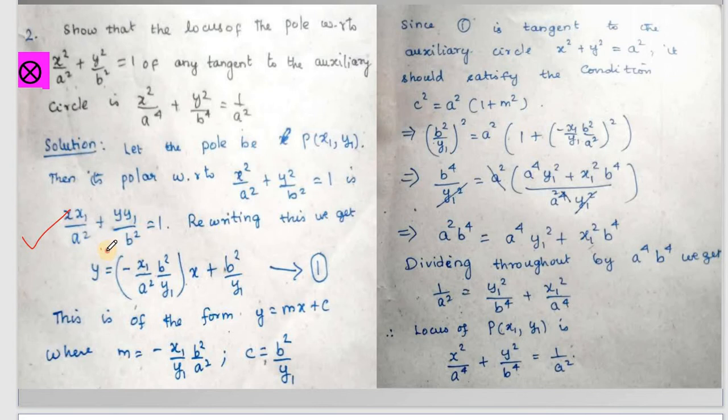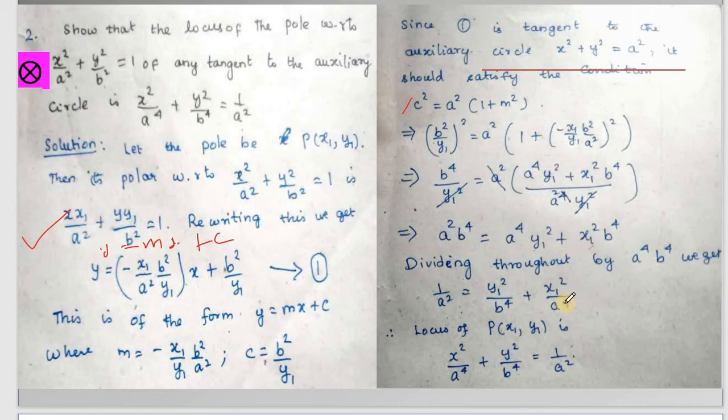in the form y is equal to mx plus c, from which m and c can be easily identified and written. And since it is tangent to the auxiliary circle, the condition is c square is equal to a square into 1 plus m square. You know the values of c and m, just substitute and you will arrive at this.